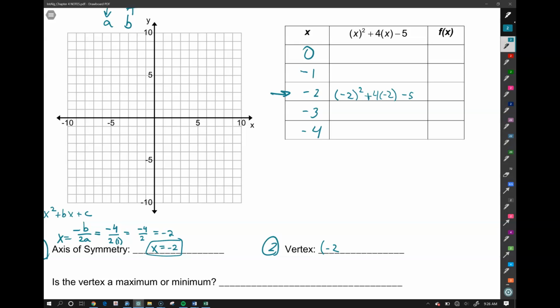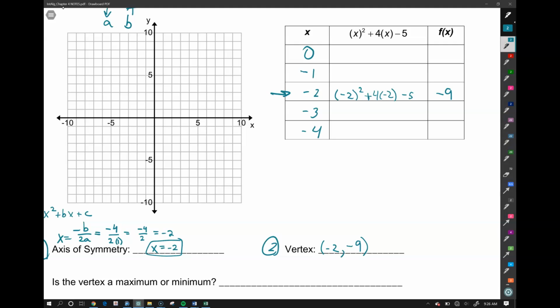Negative 4 minus 5 is negative 9. Cool. So my vertex is at negative 2 comma negative 9. Okay, so remember, the directions say, write the equation of the axis of symmetry, check. Find the coordinates of the vertex of the graph of each function, check, we found the vertex.